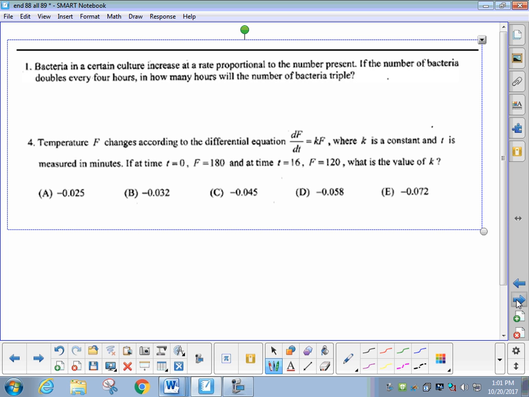So, say you're given this question. Bacteria in a certain culture increase at a rate proportional to the number present. If the number of bacteria doubles every 4 hours, in how many hours will the number of bacteria triple? Now you can see that, subtly, maybe not so subtly, hidden in here is that they don't say, like a pre-calculus problem, the amount grows exponentially.